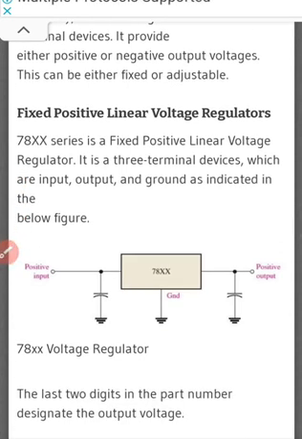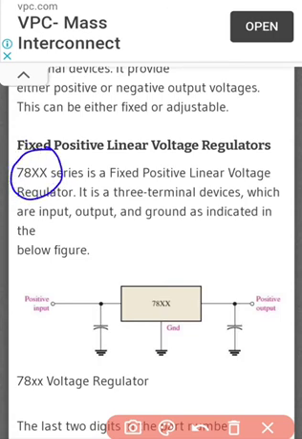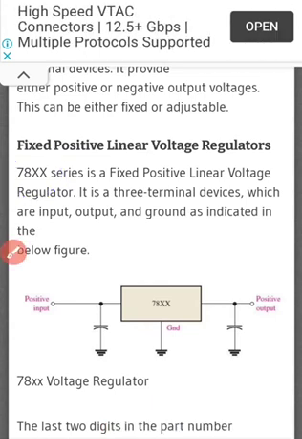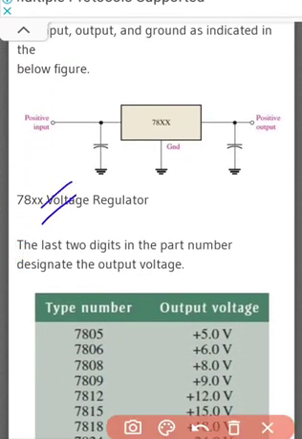Here also an IC is used. You can see here an example of an IC regulator, the 78XX. It is a three terminal device: input, output, and the other acts as the ground. As you can see, in 78XX the last two digits refer to its output voltage.